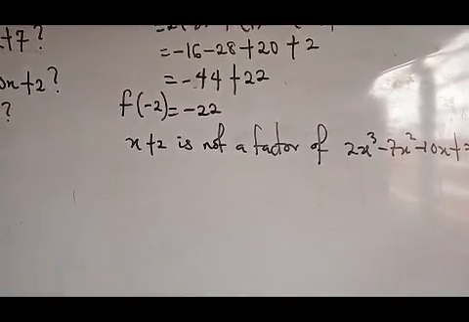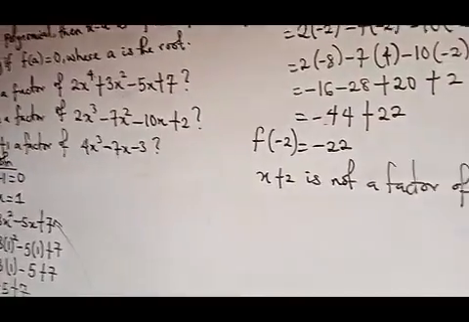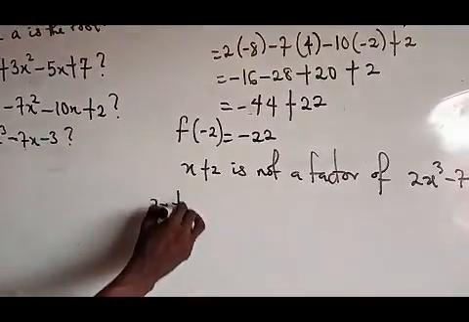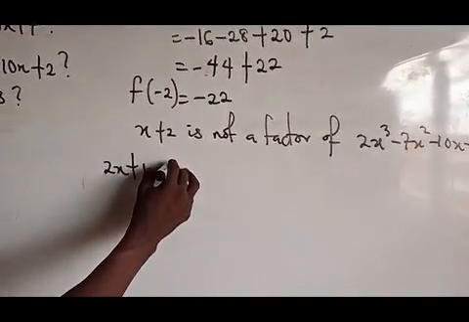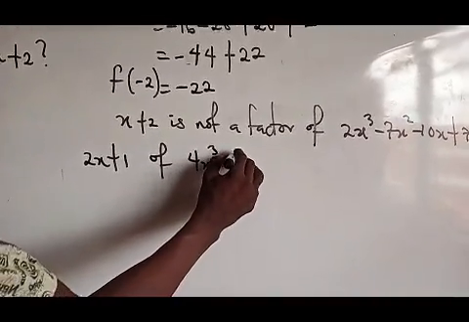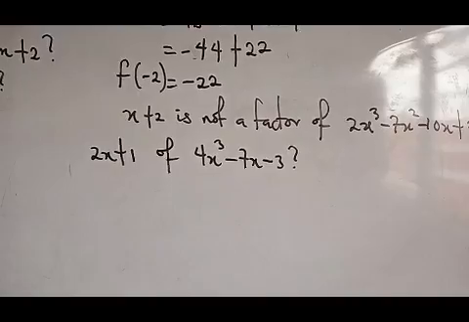So let's see another example, which is the last one for today. Let's check if it's also a factor. We want to check if 2x plus 1 is a factor of 4x cubed minus 7x minus 3. So how are we going to check this?